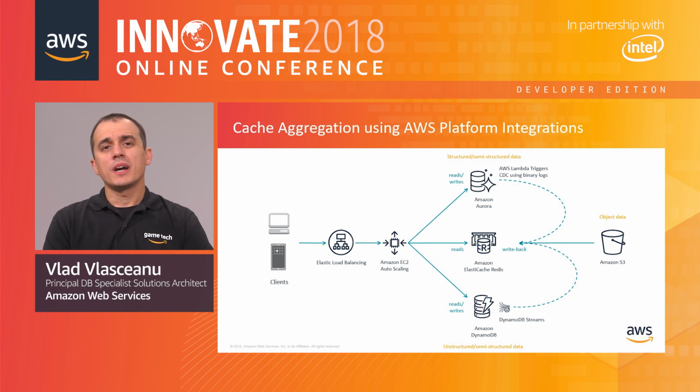Or you can do that from DynamoDB using DynamoDB Streams, which is a capability that allows you to stream changes out of your database, and again, invoke a Lambda function or use other types of consumers to simply update the data in ElastiCache the same way. So customers treat Redis as an aggregate cache and write back to it from changes in the data stores themselves, but they do that on the back end of their architecture, not through their application layer.